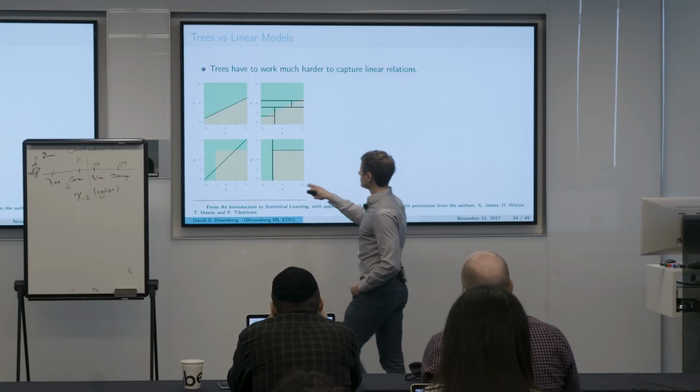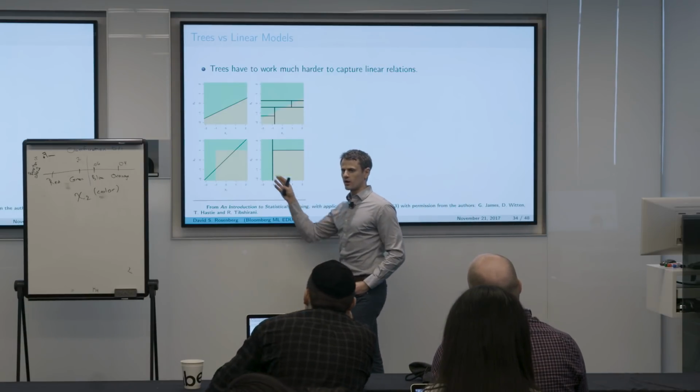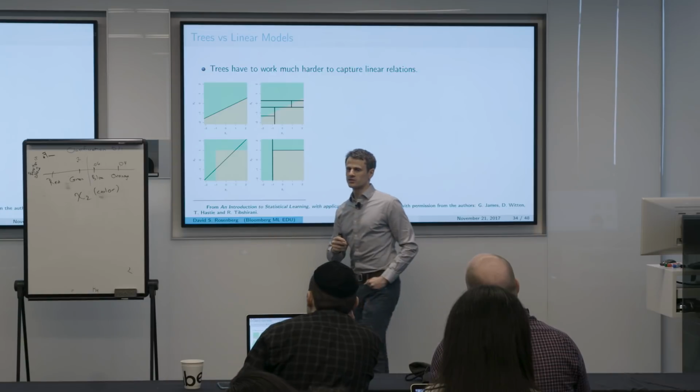So the axes on these graphs are... The axes represent input space, so x1 and x2. These are features. And then the color is the label. So it seems that you could argue that given a proper transformation of a combination of features, you could transform, for example, a linear problem into something that would work better for a tree.